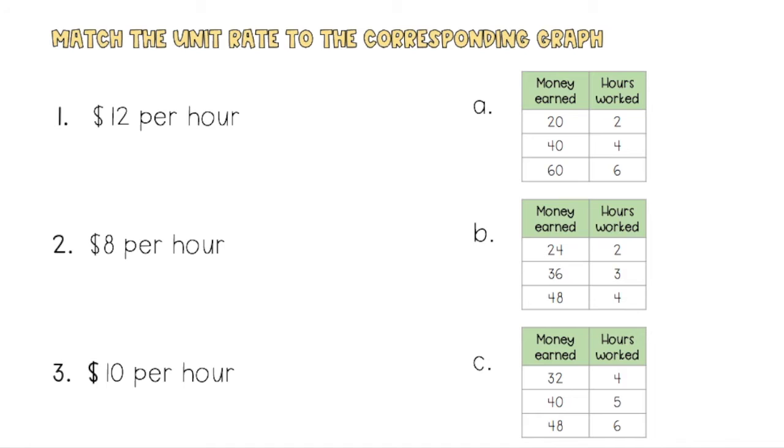So here, if I divide 20 divided by 2 will give me 10. 40 divided by 4 will give me 10. And 60 divided by 6 will give me 10. So these all have the same unit rate, and I can say that for this table, it's going to demonstrate $10 per hour.